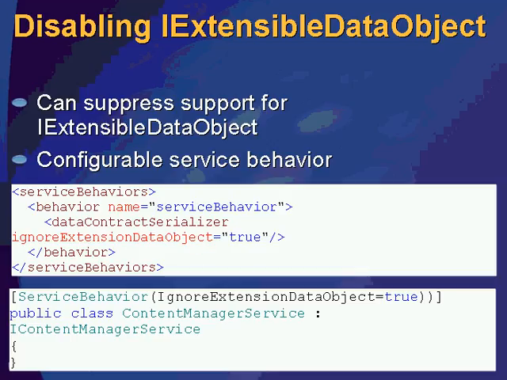If you don't have control over all the data contracts and some of them happen to implement this interface, then you can tell them to ignore that extension data object and you don't preserve the XML. Therefore, the extra XML will just be lost at the server. You can also do this declaratively on the service, as part of the service implementation. So the ServiceBehavior attribute gets applied to a service and you ignore the extension data object.